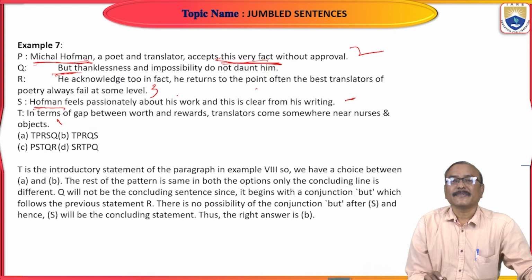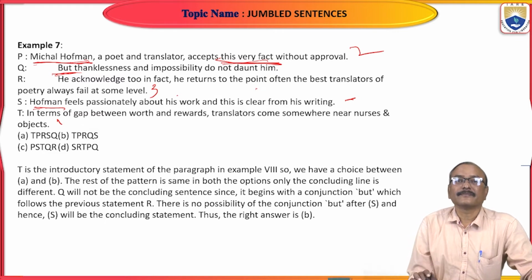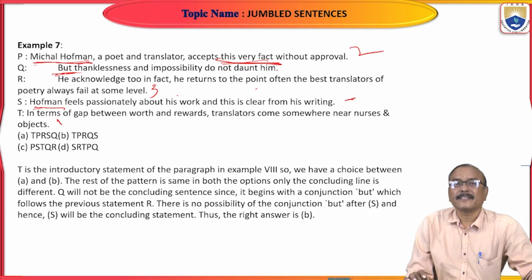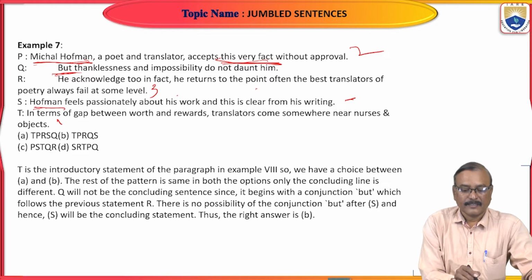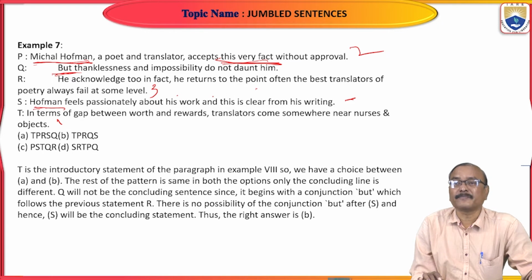So, is there a link between R and Q or S and Q? Q comes after R, Q comes after S. You have to think here. If you think between R and Q or S and Q, Q follows only R. Is it clear? He acknowledged too, in fact, he returns to the point often.